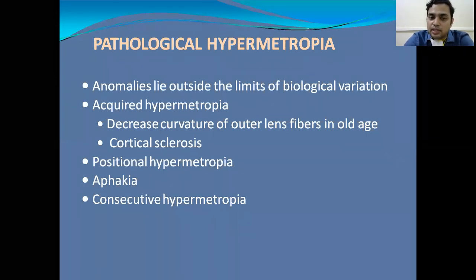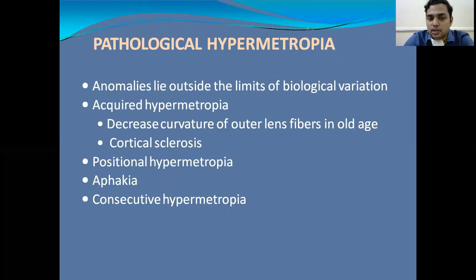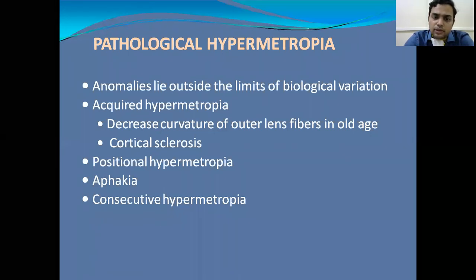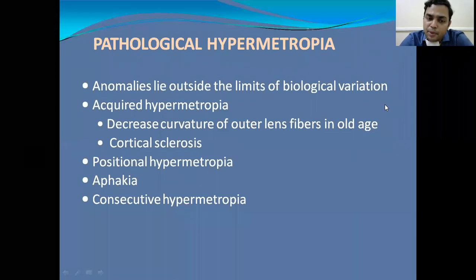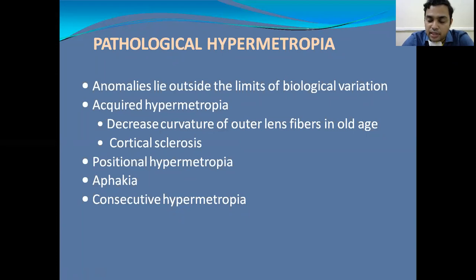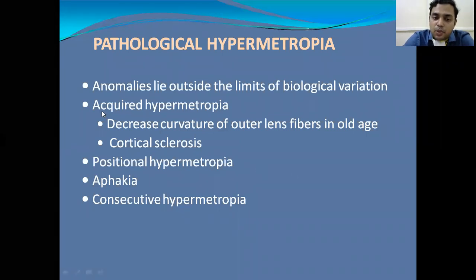In old age, the outer lens fibers become sclerosed, and that leads to decreased curvature of the lens. And in case of cortical cataracts also, there is a decreased curvature of the lens, and that leads to acquired curvature hypermetropia. And positional hypermetropia: if there is any secondary trauma or any subluxation of the lens, that leads to positional hypermetropia. And aphakia.